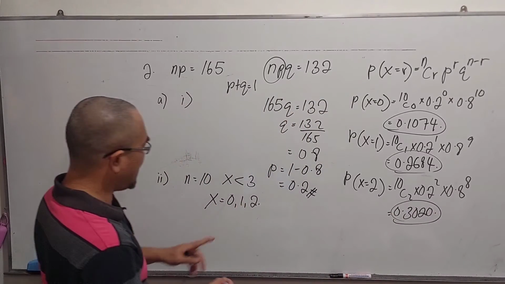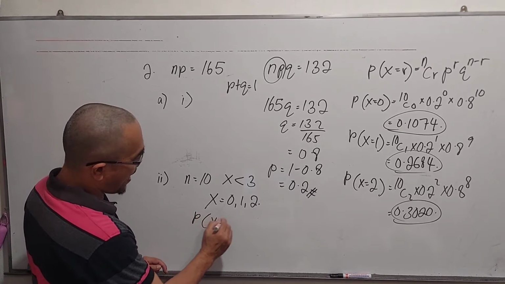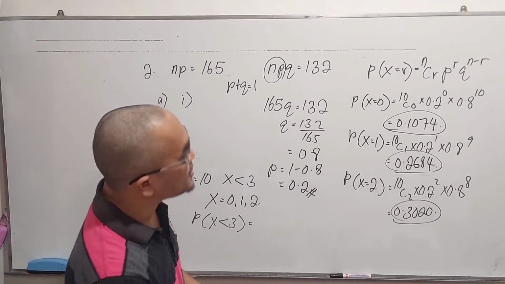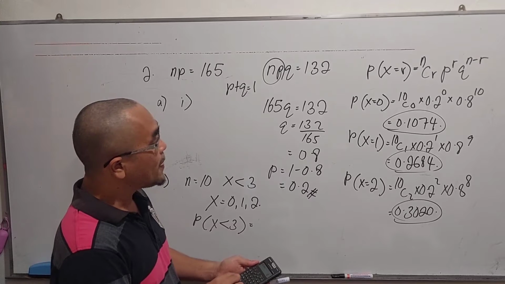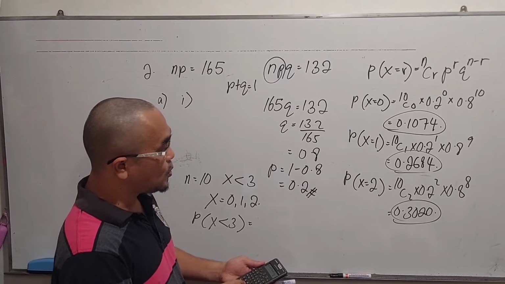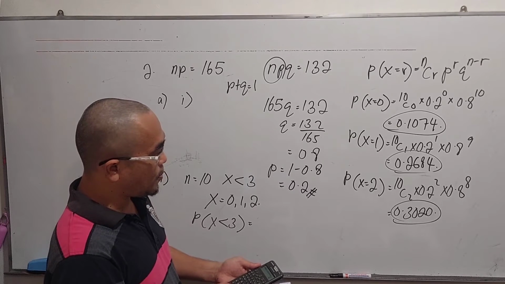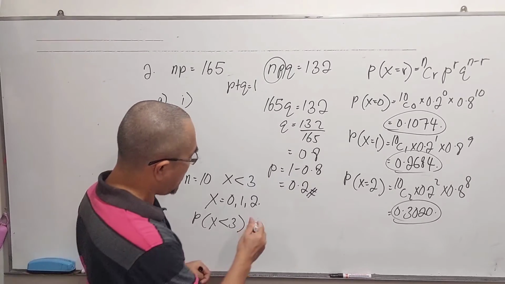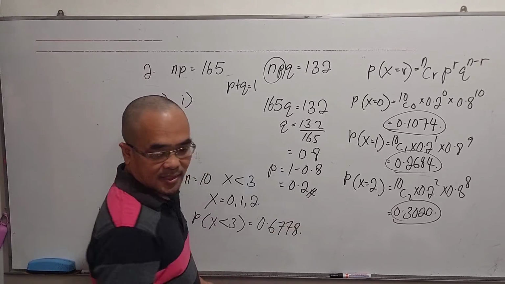So in order to answer this question, P(X less than 3) is equal to all those numbers. You add all together. So 0.1074 plus 0.2684 plus 0.3020, which is 0.6778.